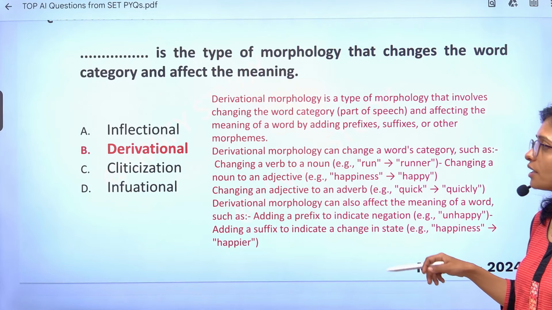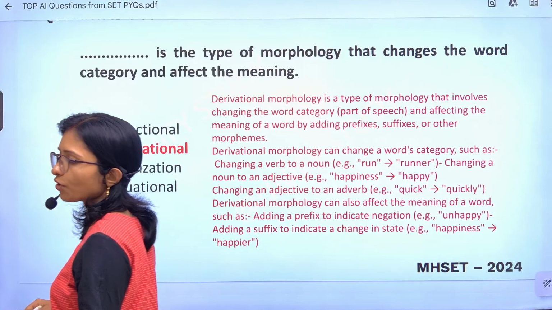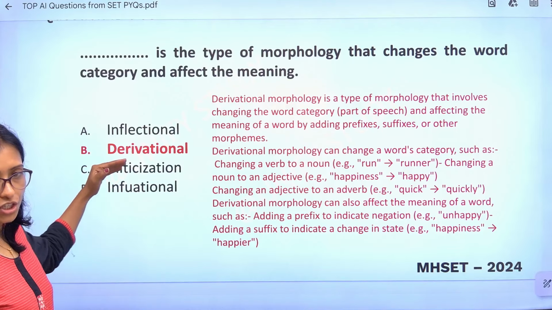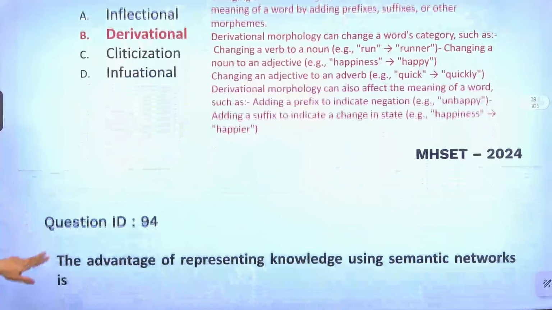These are called derivational morphology. You are adding an extra bound morpheme, and by adding that morpheme you are changing the meaning or part of speech. That's why it is called derivational. Got it? Yes. Now, next.